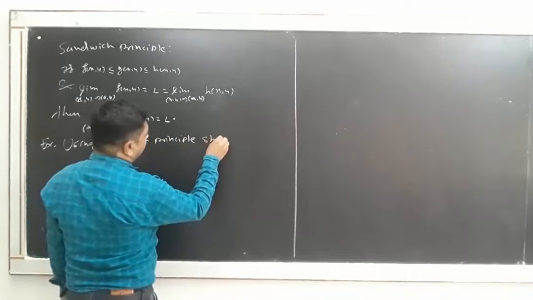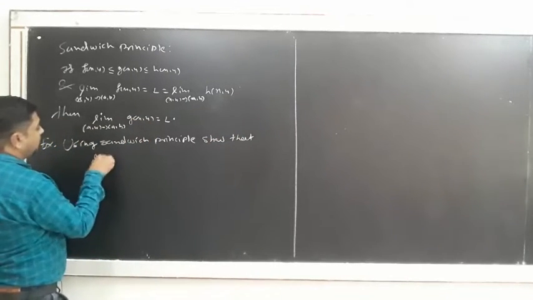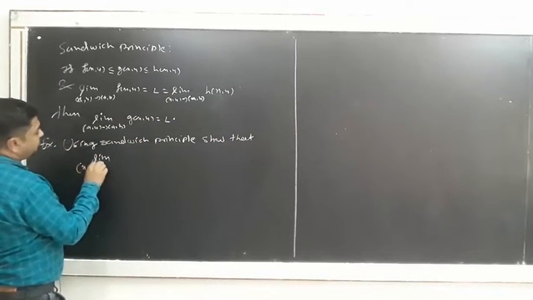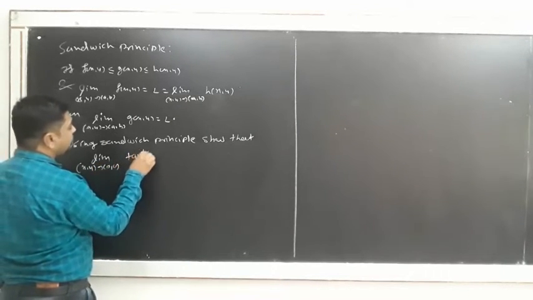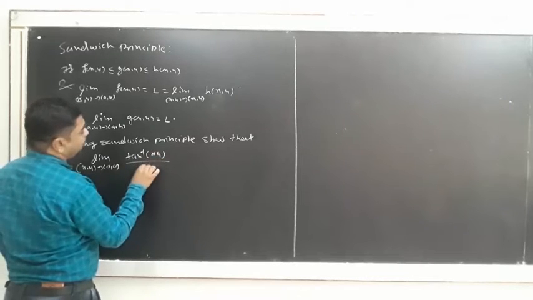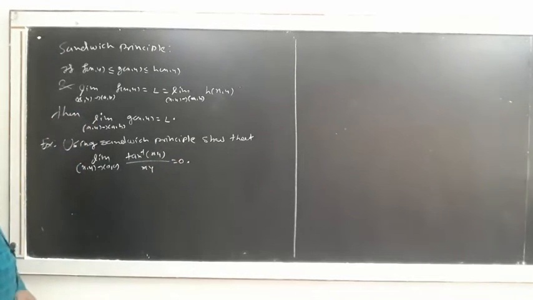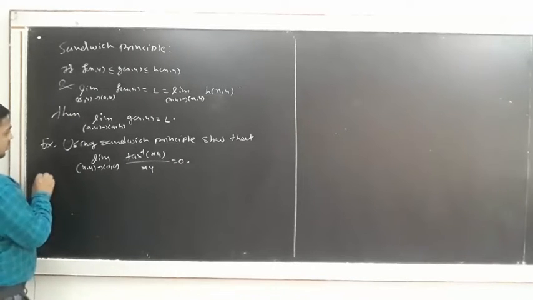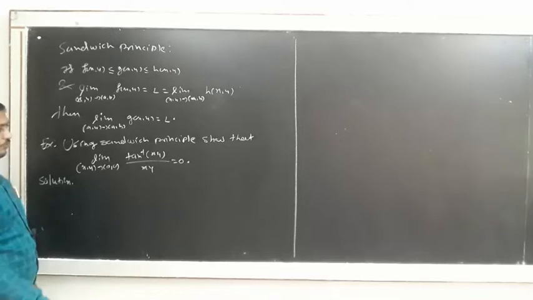Show that the limit as (x,y) tends to (0,0) of tan inverse of xy upon xy is equal to 0. So we have to use the sandwich principle to prove this.